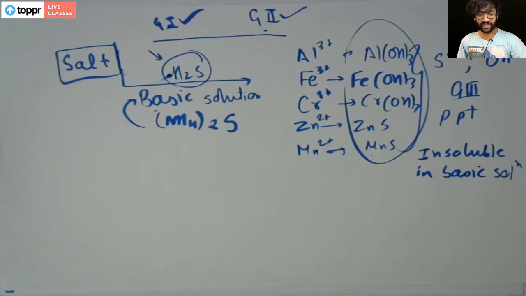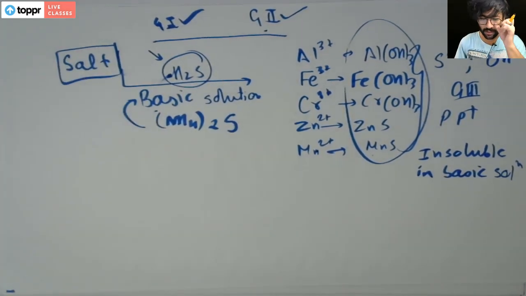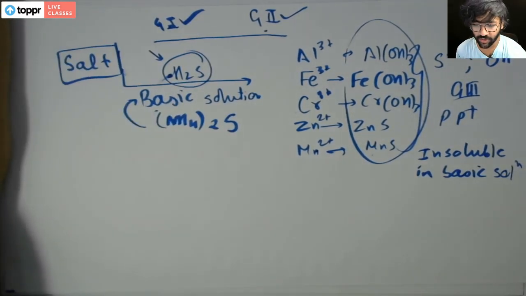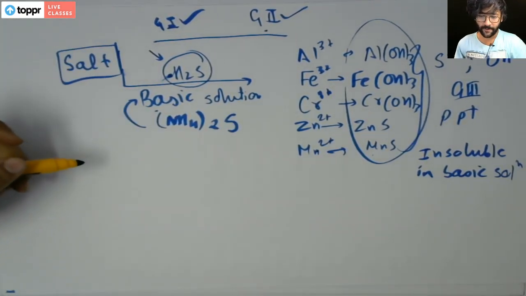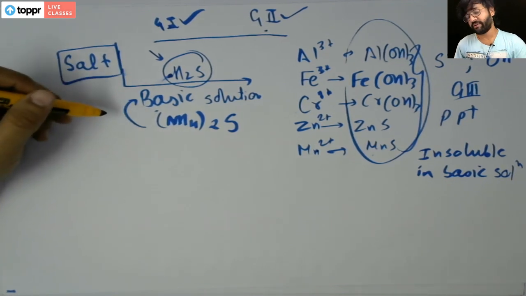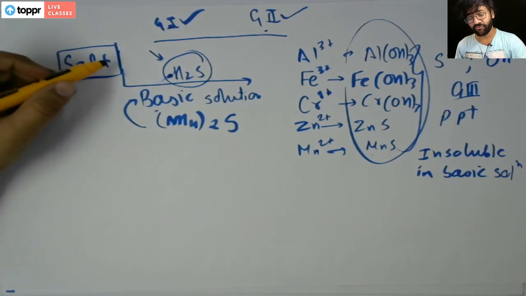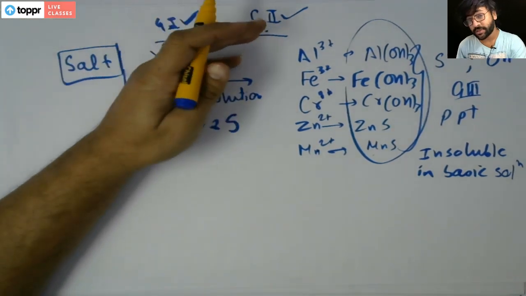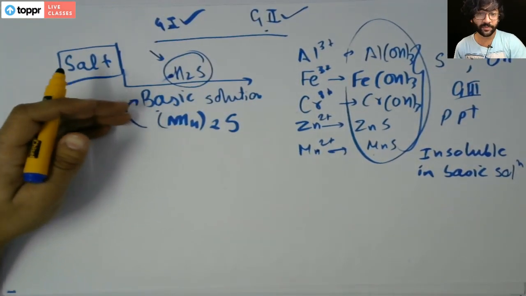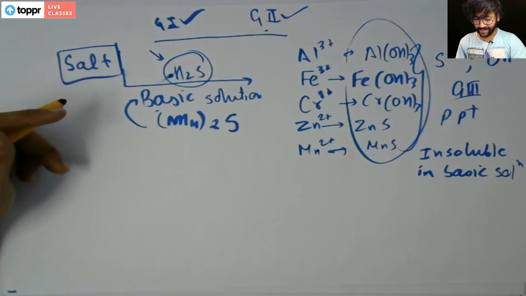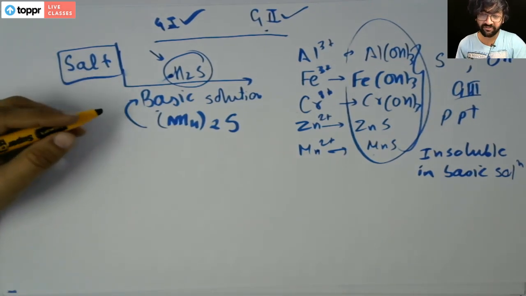The last we have is group 4. If you see that group 1 is not present, group 2 is not present, and there is no precipitation from group 3 either, then we have to create a buffer.